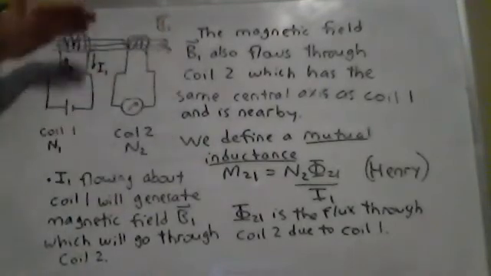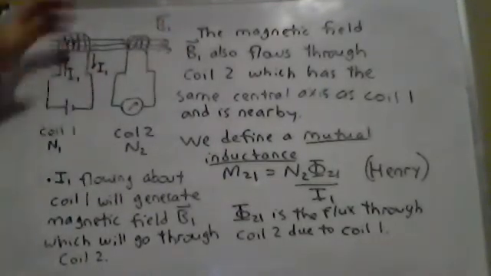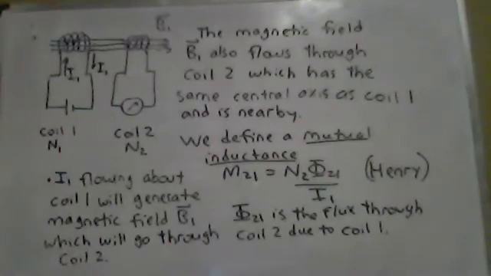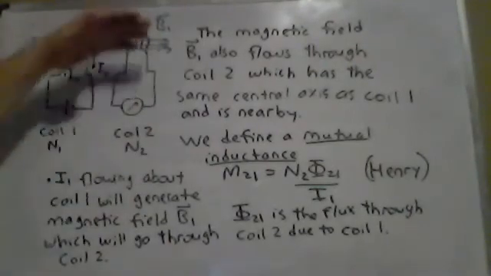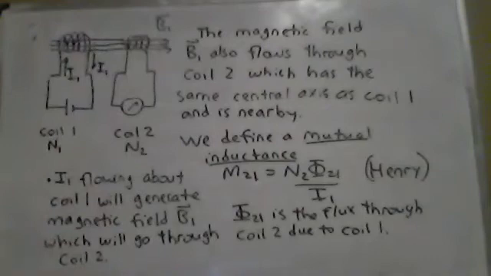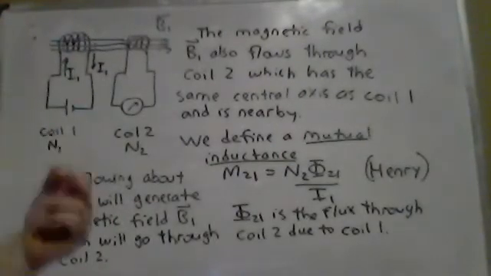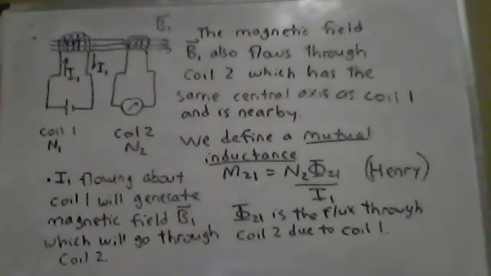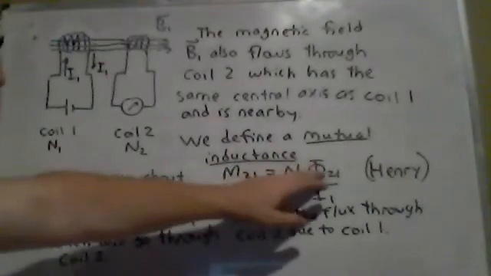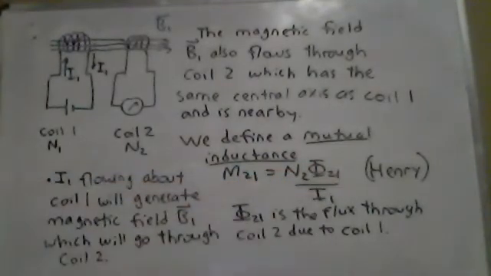The magnetic field is going to have a certain flux on the left because maybe the coils have a larger area, and on the right maybe the coils are smaller. You're still going to have the magnetic fields coming along, but you would have a different flux, and that would be the flux due to the magnetic field B1 going through. So you have basically a flux through loop 2 due to loop 1.